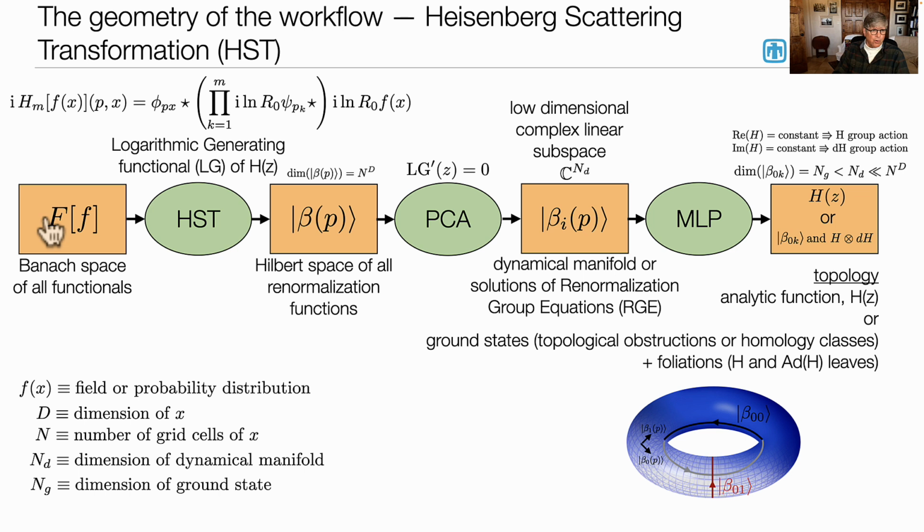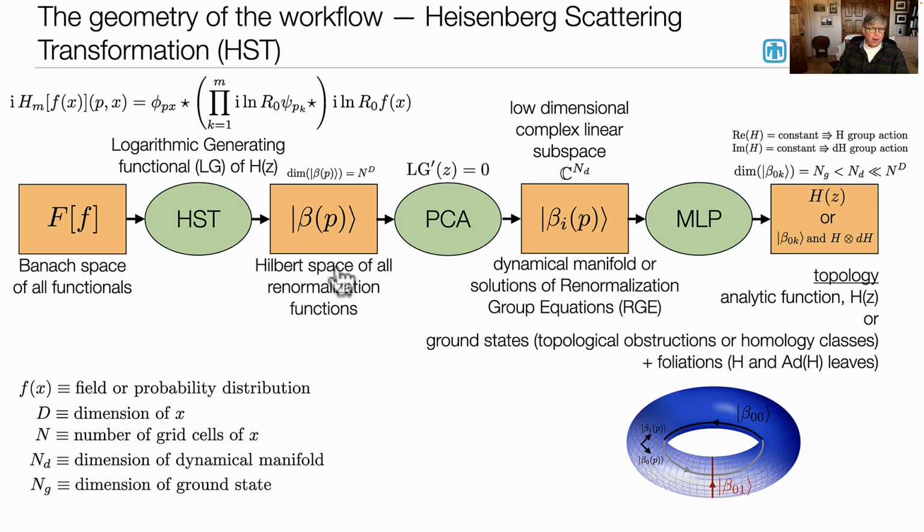There is no choice in this case. There is one logarithmic generating function of the complex Hamiltonian of the system, okay? And so this takes you from the Banach space down to a Hilbert space of all possible functions of scale.